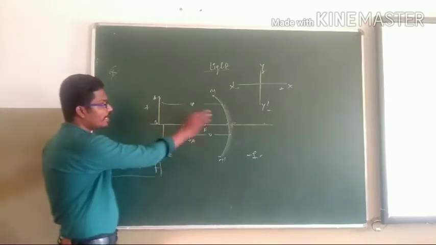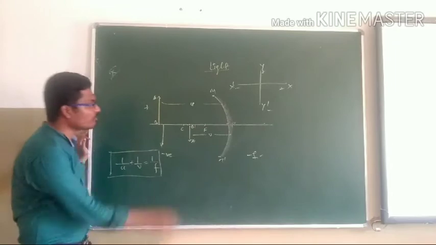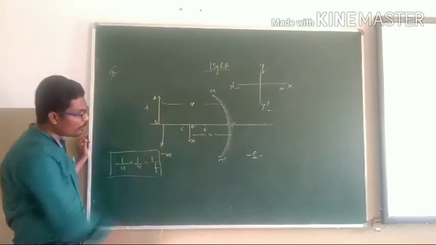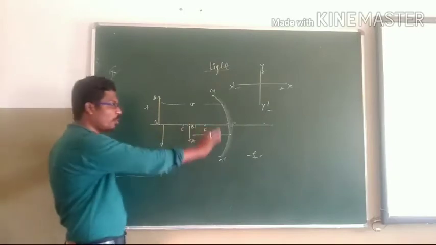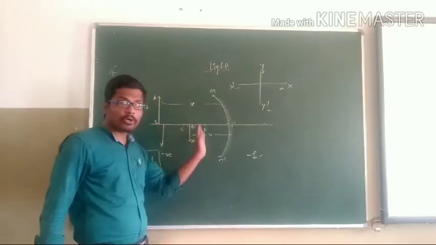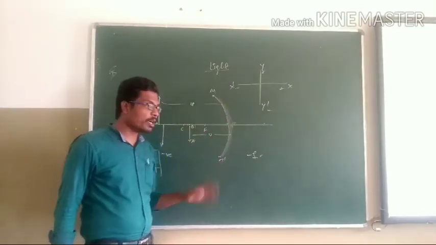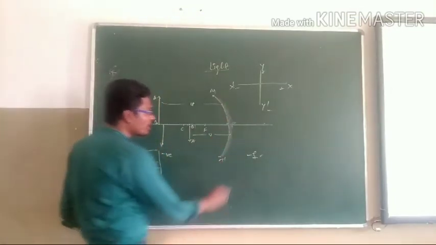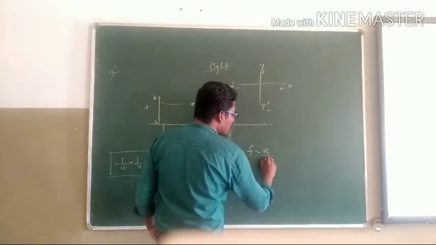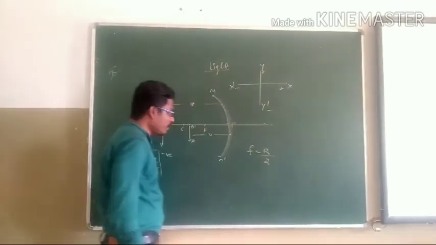So very clear: the distance of the object from the pole is u, the distance of the image from the pole is v, and it is always measured from the pole. And the distance from the focus to the pole is called the focal length. Now there is a formula for the focal length also: f is equal to r by 2.